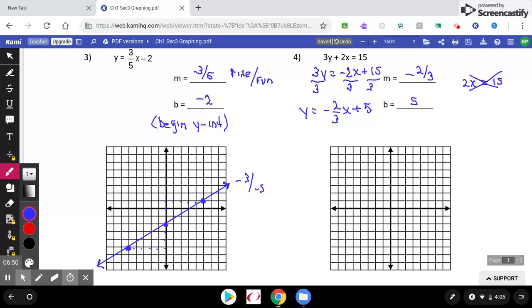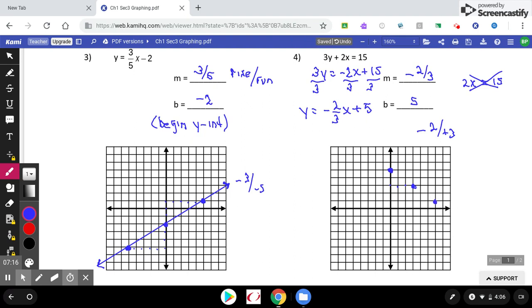And the y-intercept. Now, again, keep in mind, I'm not starting my graph by drawing on the x-axis. I'm drawing 1, 2, 3, 4, 5 up here on the y-axis all the time. Negative 2/3. Well, how about down 2, right 3? So that's, again, kind of like a negative down 2 and a positive 3 or right 3. So I'm going to do that one more time, just to give myself an extra dot.